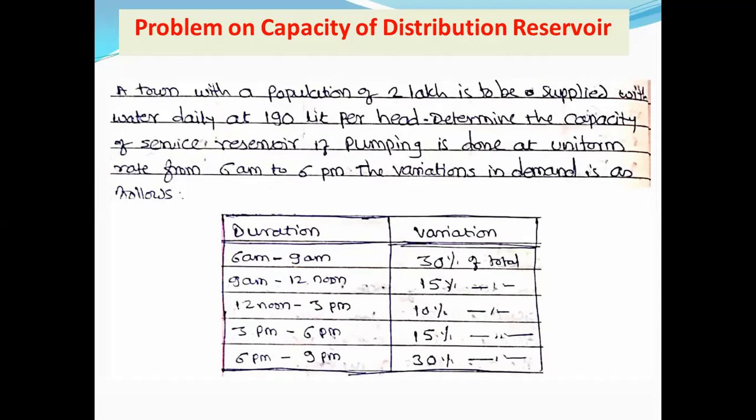So it is nothing but 190 LPCD, liters per capita per day, 190 liters per head. Full stop.